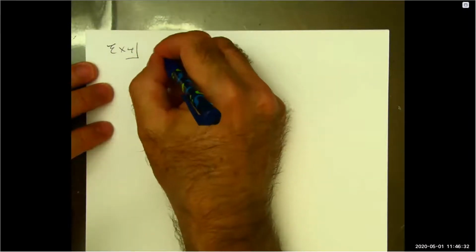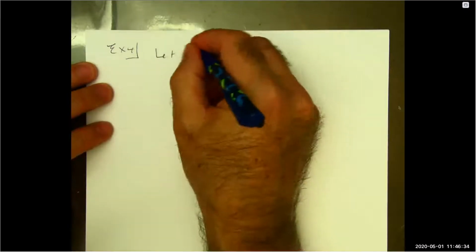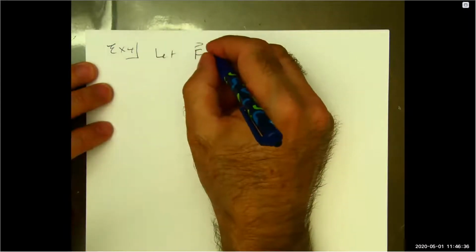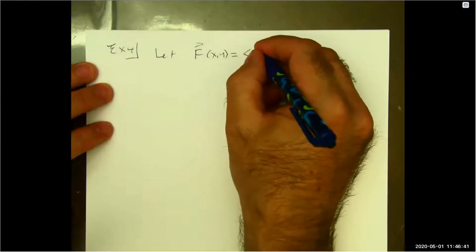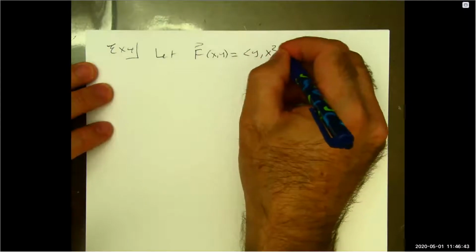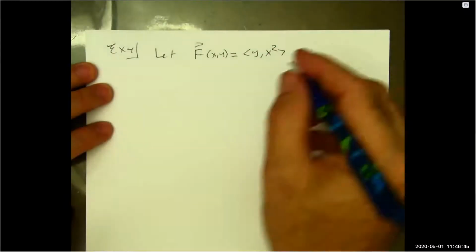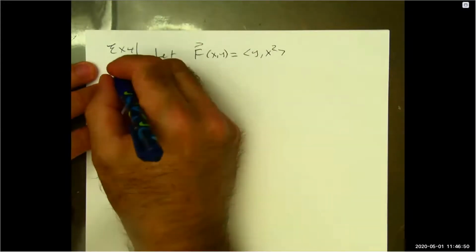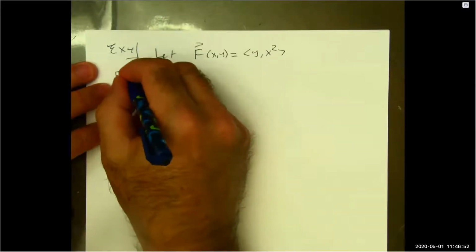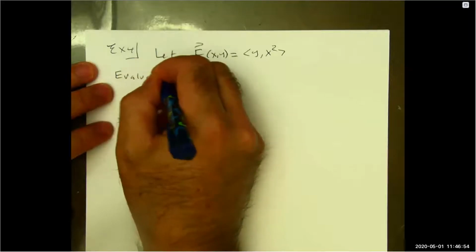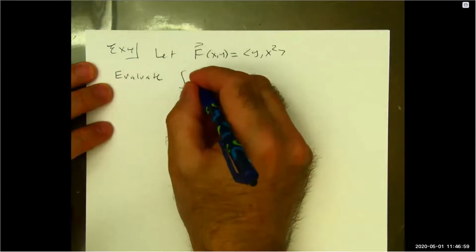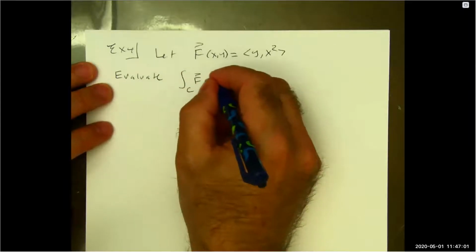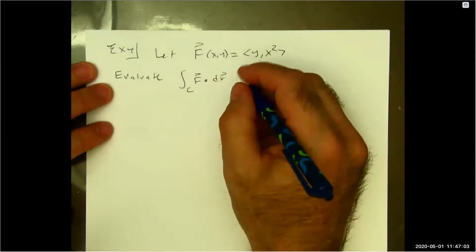So we're going to let F of x, y equal y, x squared. And then we're going to evaluate the integral along C of F dot dr for each curve.